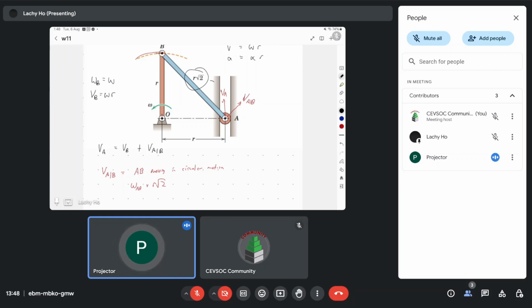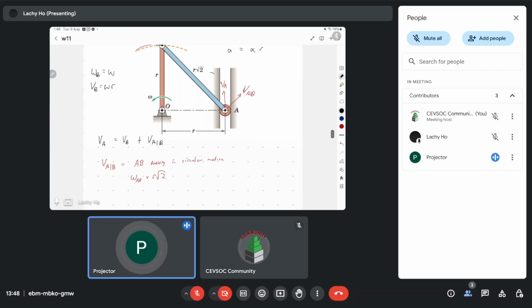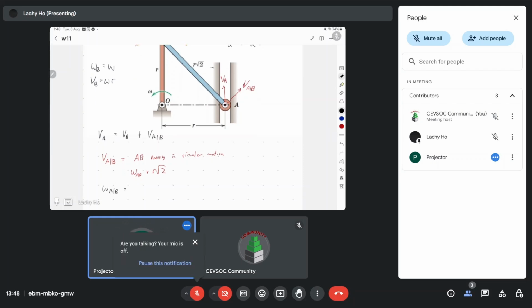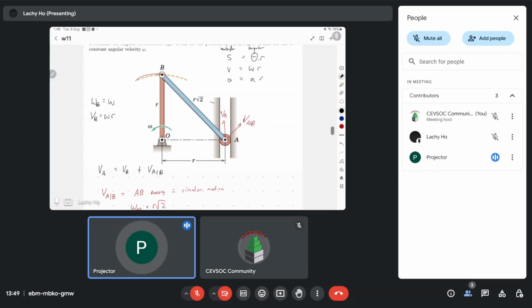Yeah, just by this length here, R root 2. Okay, and then now we need to figure out the angular velocity of A relative to B. And this is also going to be equal to the given radius itself, because as B rotates, A has to rotate in the same manner in order to equalize.